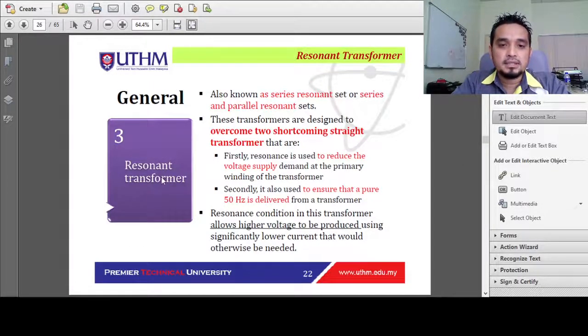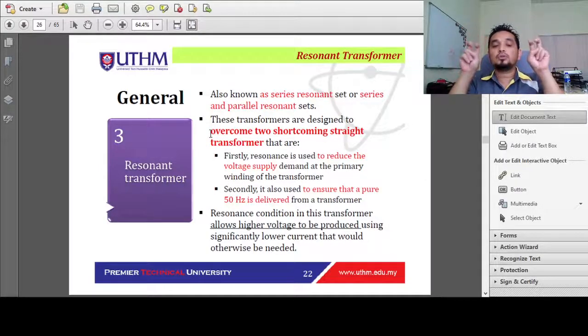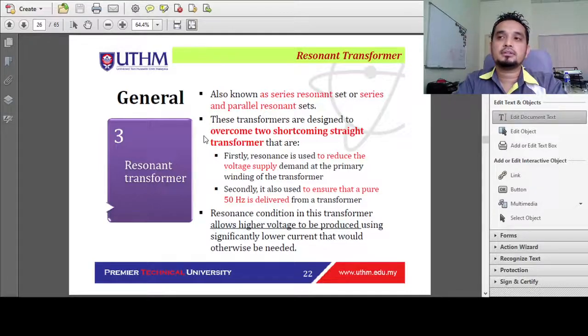Now we come to the third one. The third one will be a resonant transformer. For the resonant transformer, the so-called problems of the single stage transformer are used as an advantage. We manipulate the issues on the single stage transformer to become a solution for other issues. That means we use the resonant transformer to overcome the shortcomings of the single stage transformer.